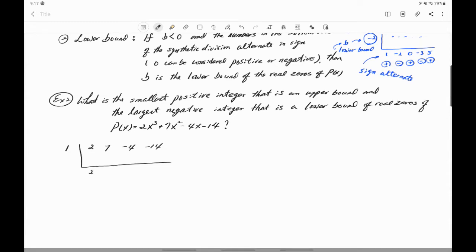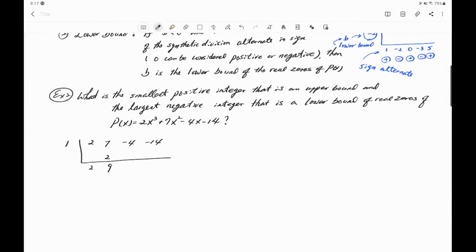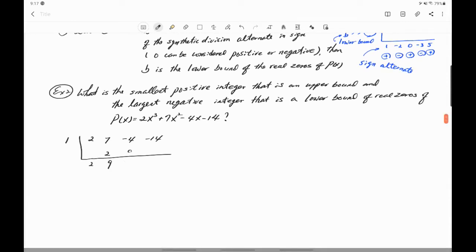Bring 2 down, and 1 times 2 is 2, add to 7, that is 9. 1 times 9 is 9, add it to negative 4, that is 5. Then multiply, 5, and add it, so negative 9, right? Look at this, we have a negative 9. We're supposed to have all positive numbers for 1 to be the upper bound. In this case, there's a negative 9, so 1 is not an upper bound.